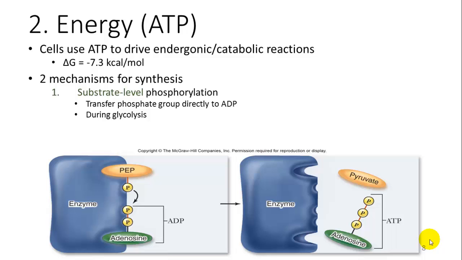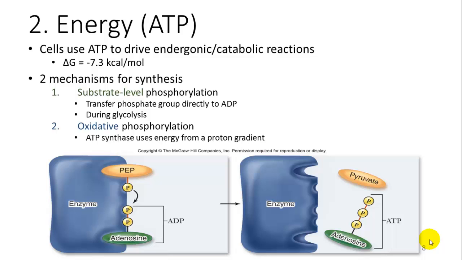This happens during a process called glycolysis, which we'll go over in more detail. The second one is oxidative phosphorylation, which uses ATP synthase, an enzyme which we have run into before, and energy from a proton gradient to make ATP as the proton passes through from higher to lower concentration.